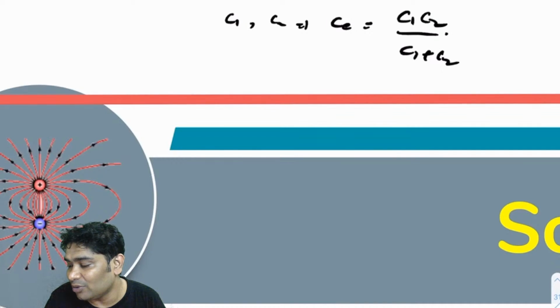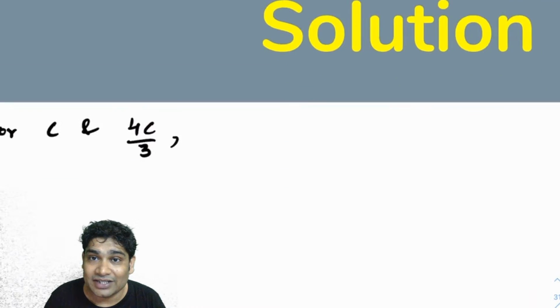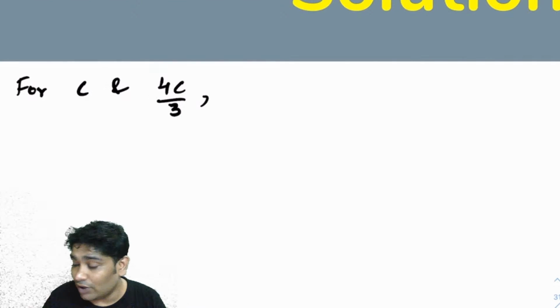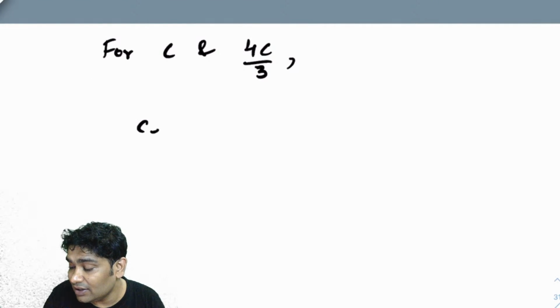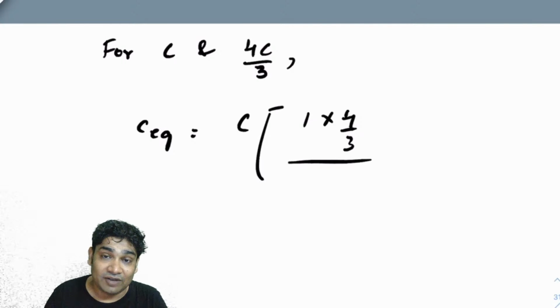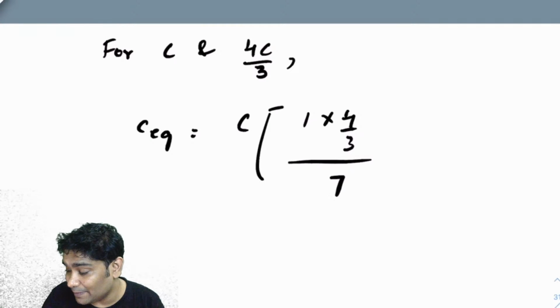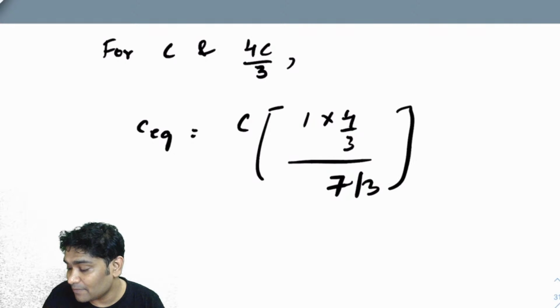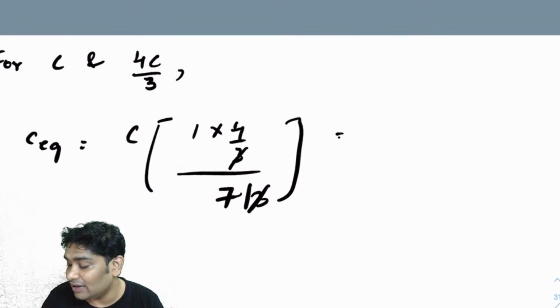Right, that is what I keep doing. So I thought I'll just mention it. So what will be this C equivalent? C equivalent would be C common times 1 into 4 by 3 over 1 plus 4 by 3. 1 plus 4 by 3 is 7 by 3. So this 3 will get cancelled and I will get 4 by 7C.